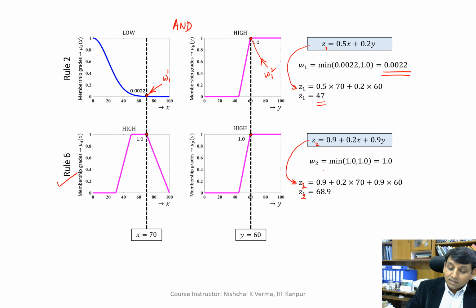And W2 has W21 and W22, so both are 1 here. So even if we take min, it is going to be the same. So W2, the firing strength of the second rule, is 1.